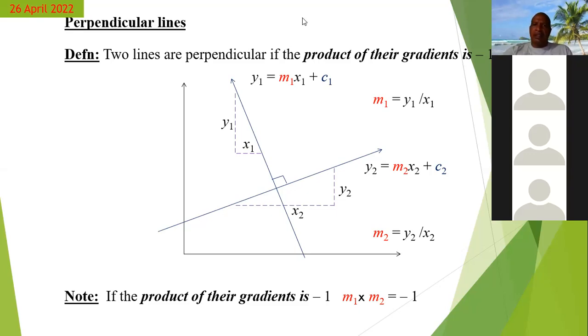Now, what do I mean by that? If you have, let's say the gradient for this line, M1, equal to 2, then the gradient for the next line would be the negative reciprocal of 2. So how do you find the reciprocal of 2? Anybody? 2 times -1, sir.